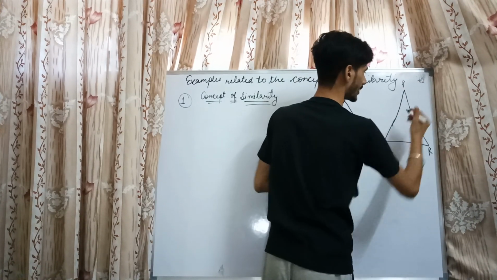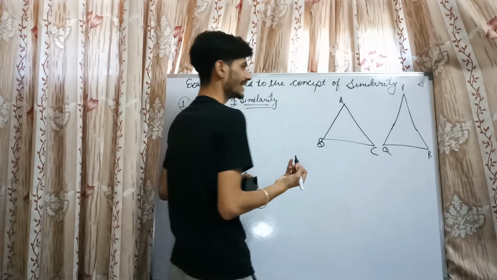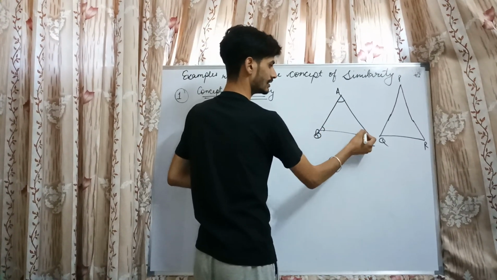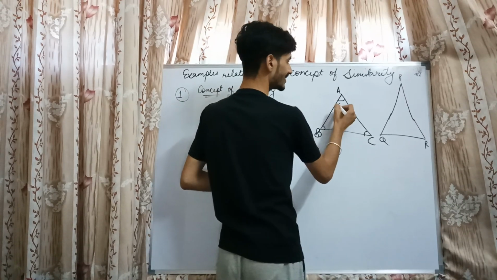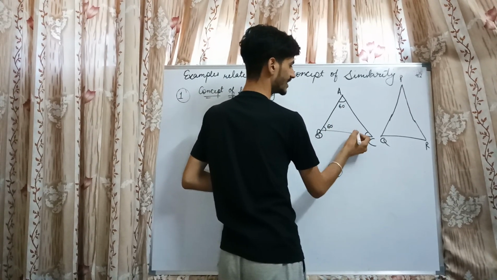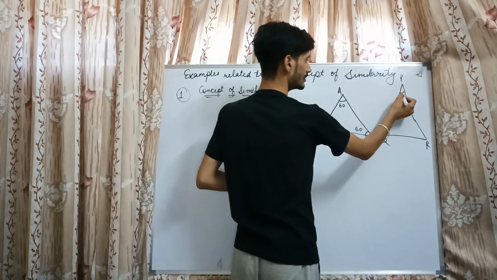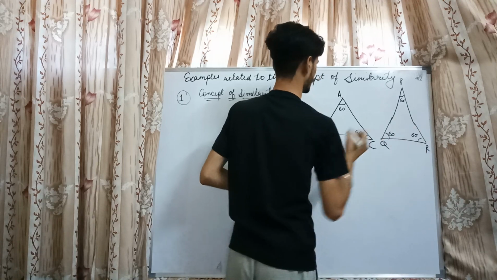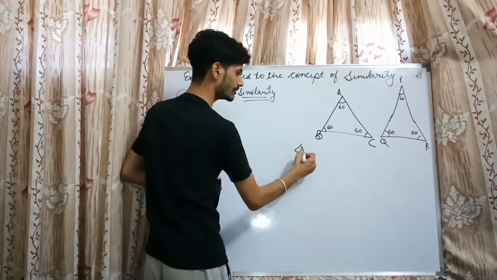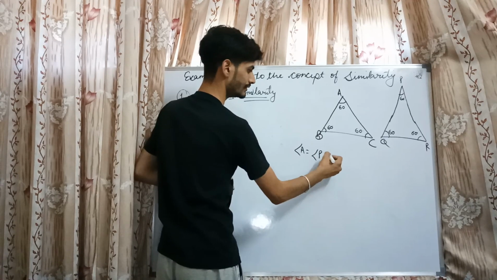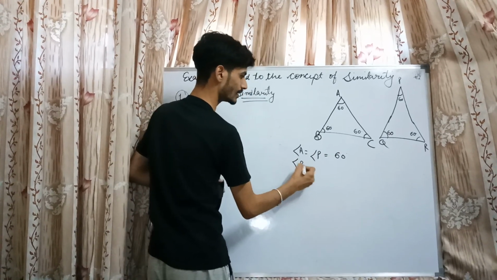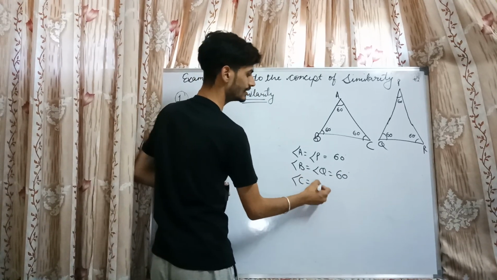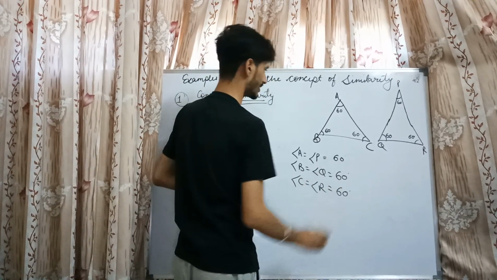In the case of an equilateral triangle, all the angles are equal to each other. Let us take the angles 60 degree, 60 degree, 60 degree, and here also 60 degree, 60 degree, and 60 degree. Here angle A equals angle P, which is 60 degree, angle B equals angle Q, that is also 60 degree, and angle C equals angle R, which is also 60 degree.